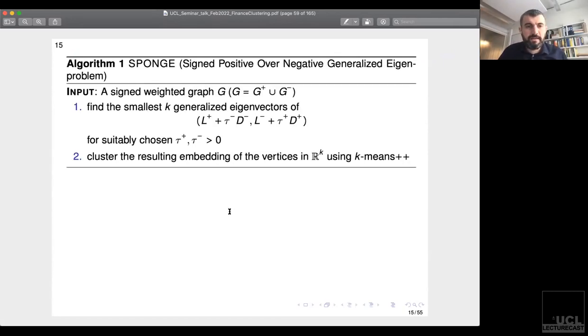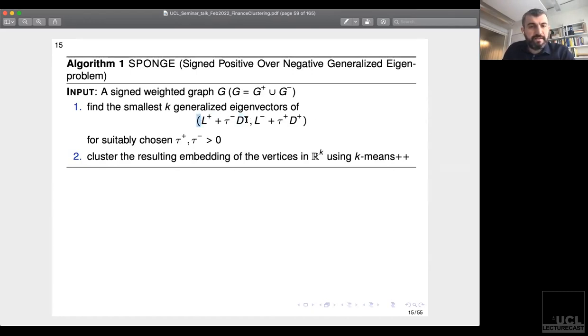With this in mind, the algorithm that we proposed is embarrassingly simple, and the name is SPONGE, which stands for signed positive or negative generalized eigenvalue problem. You give me a graph G, I split it into two subgraphs, G plus and G minus, and I want to find the smallest k generalized eigenvectors of this matrix pencil here.